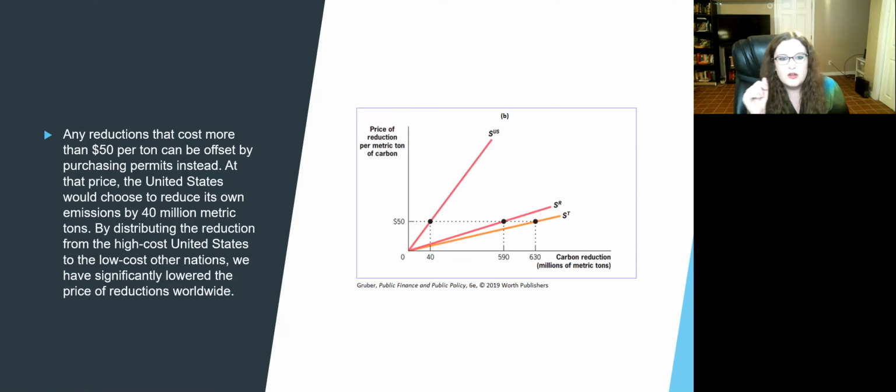So any reductions that cost more than $50 per ton can be offset by purchasing permits instead. At that price, the US would choose to reduce its own emissions by 40 million metric tons. So yeah, we would end up reducing up to this level.